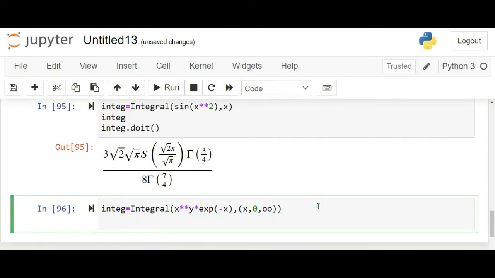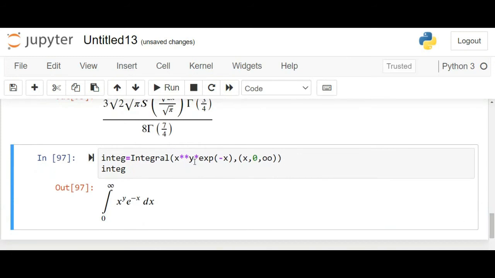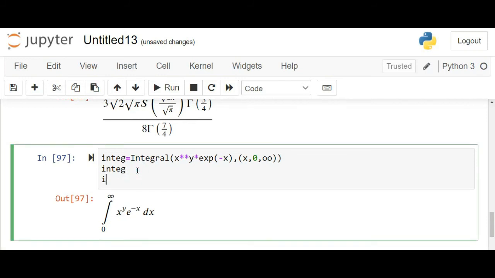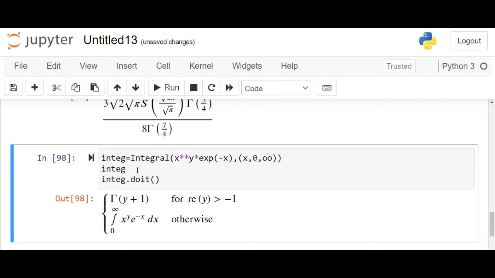we don't have anything. Then if we write integral, of course we will have something just like this, integral of e raised to the power minus x and x raised to the power y, and if we write over here integral dot doit and parenthesis, then our answer will be just like this, okay.